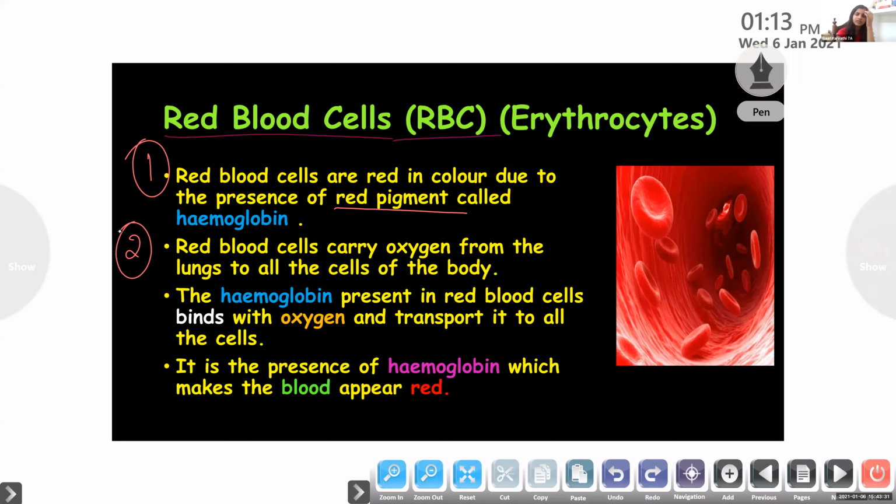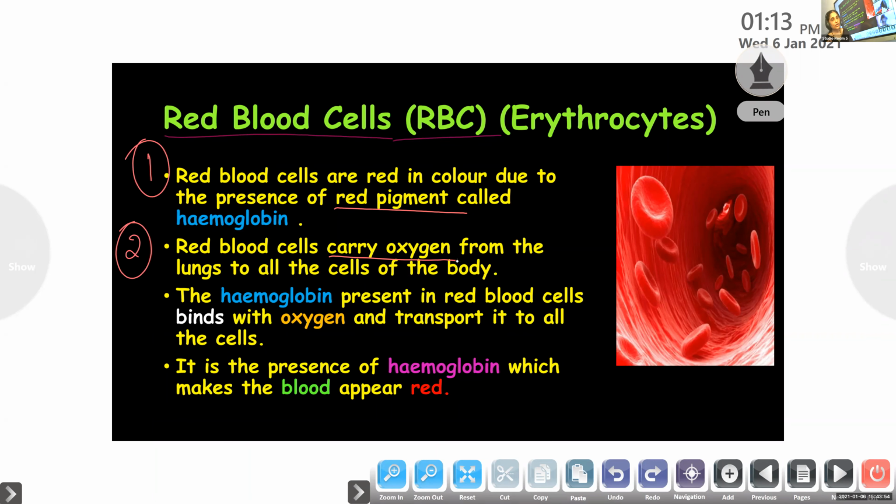So what helps the blood to carry all these? Hemoglobin. The RBC, which is present in the blood, carries oxygen from the lungs to all the cells of the body. That is its function.